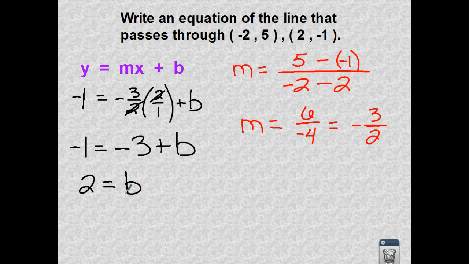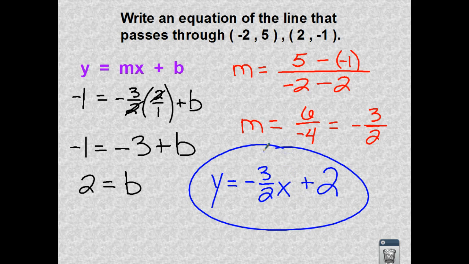And now we can create this equation because they want us to write an equation of the line. I now have my slope and I now have my y-intercept. So let's slap those together and have y is equal to -3/2 x plus 2. Equation of the line.